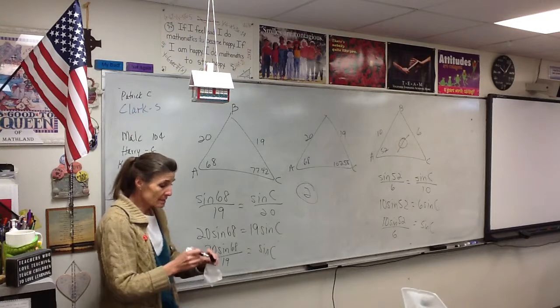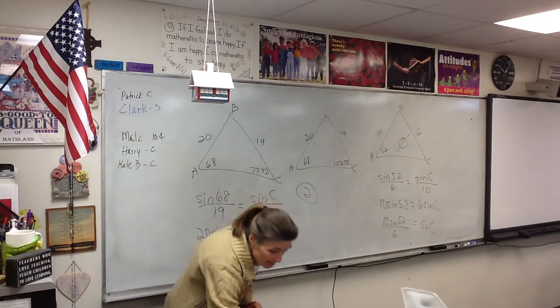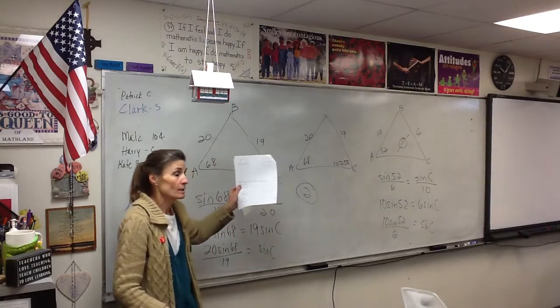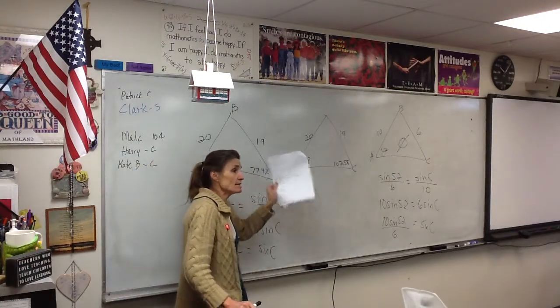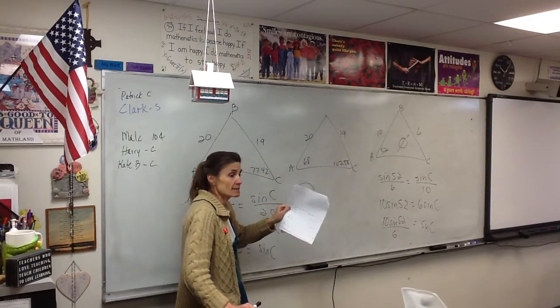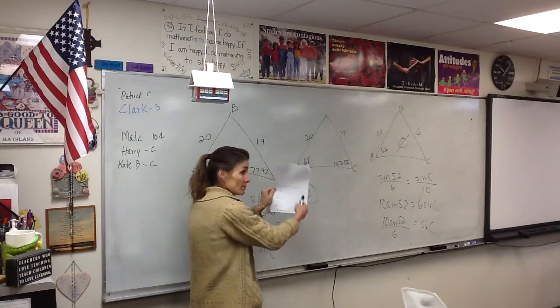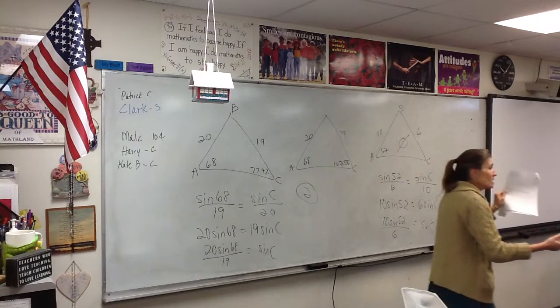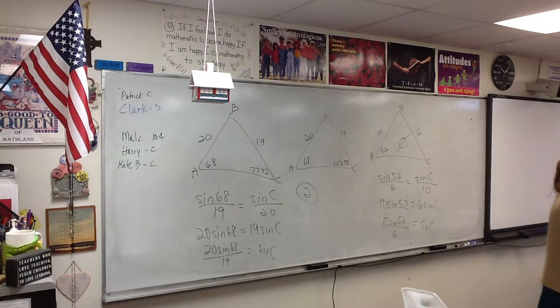Okay? Now I want to say something. The test as usual is formatted exactly like this. There is no guarantee though that on the test, because there's 3 problems there, that one will be 0, one will be 1, and one will be 2. Last year, they all had the same. They all had 2 solutions.